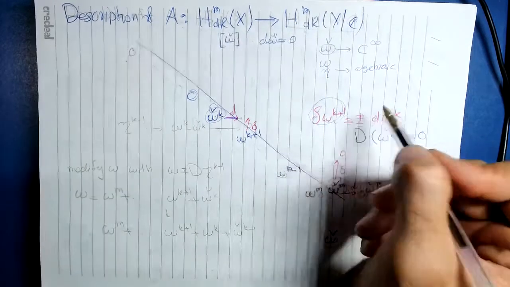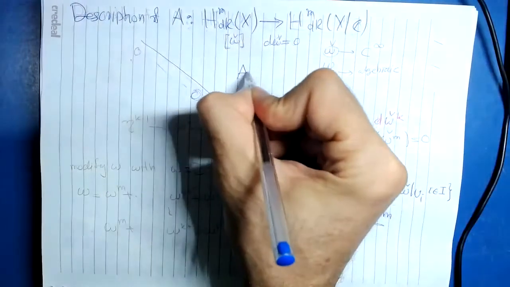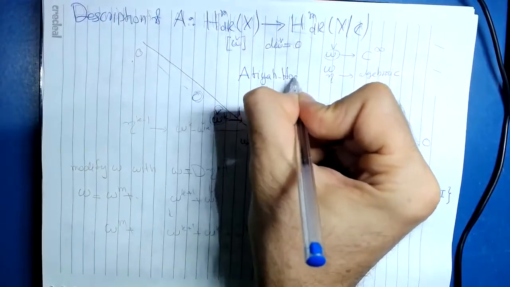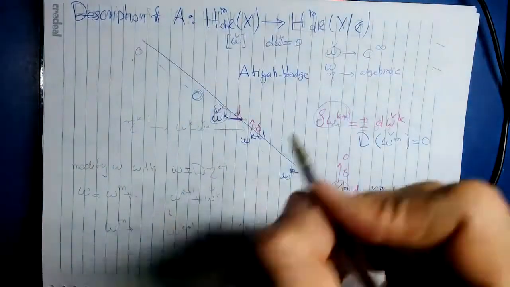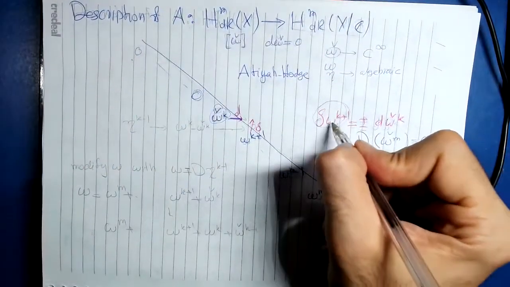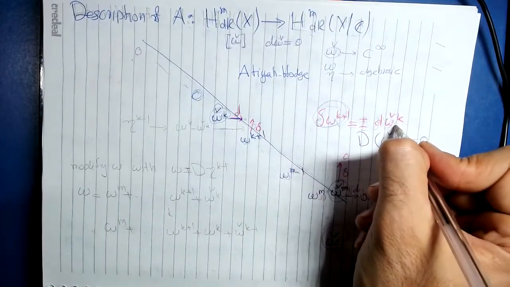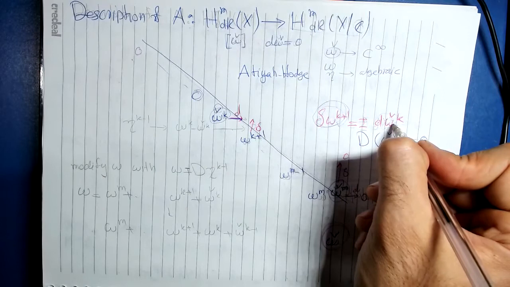And in one of the lectures, we will learn about a theorem called Atiyah-Hodge. One part of the theorem says that if an algebraic differential form is exact in the C infinity context, it is also exact in the algebraic context.